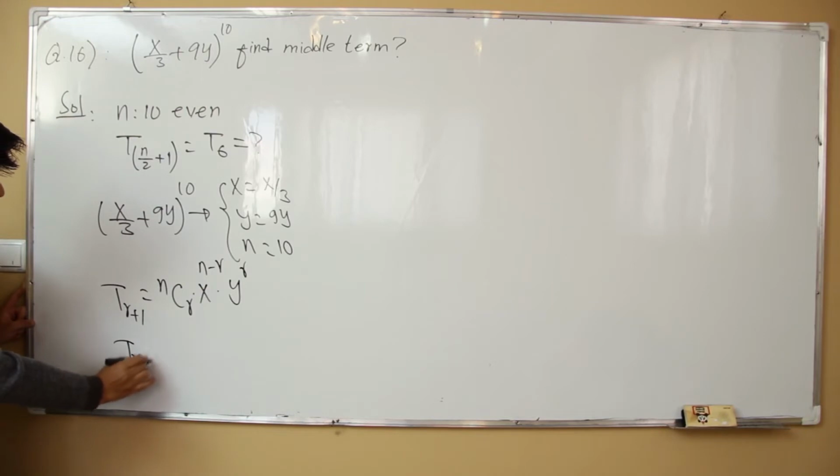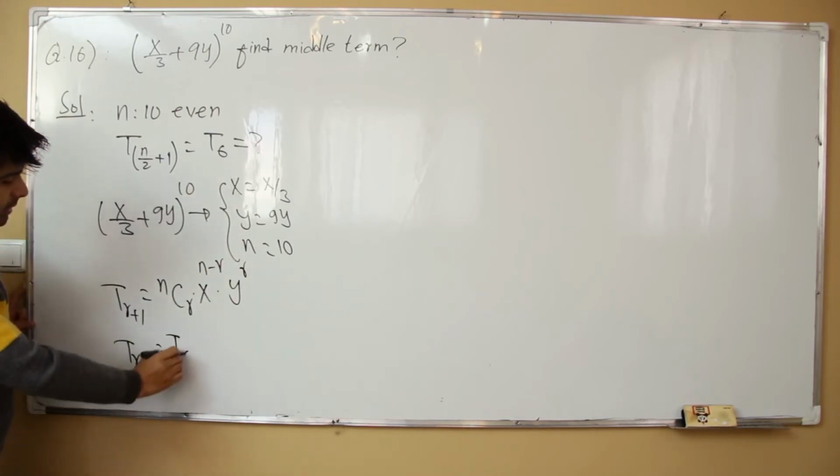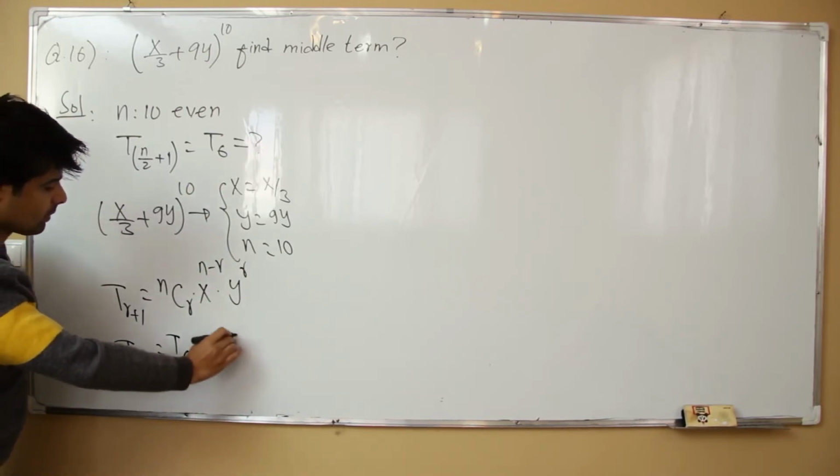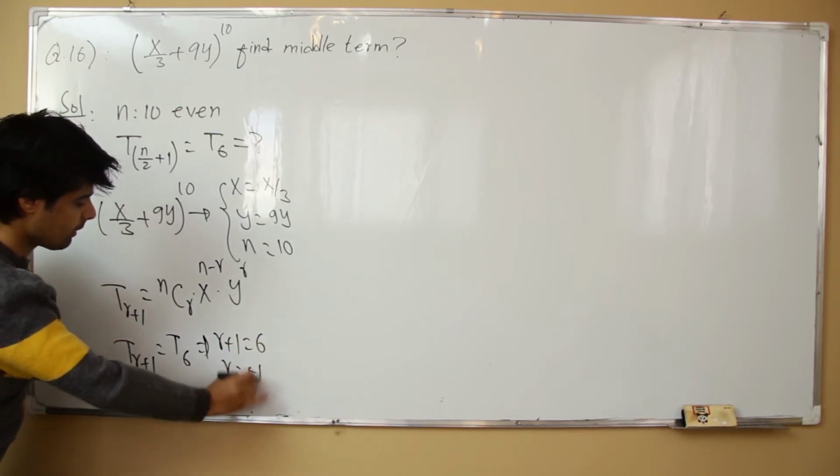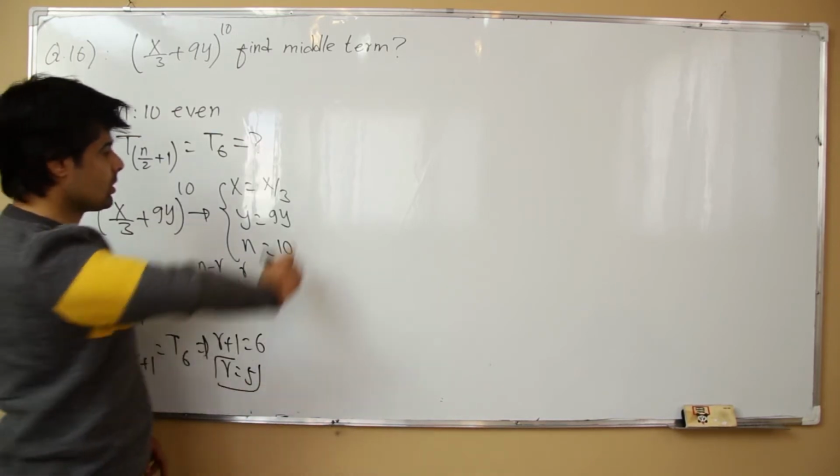This T(r+1) is equal to T6. Now it means r plus 1 should be 6, so r is 5. Put this r in this general term.